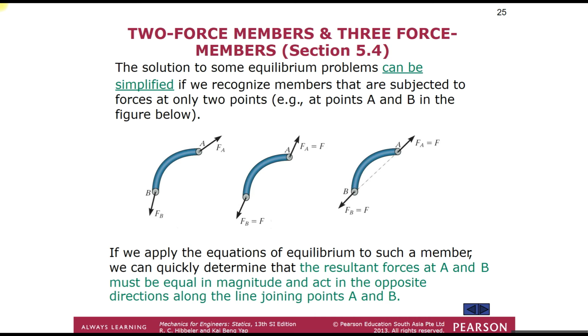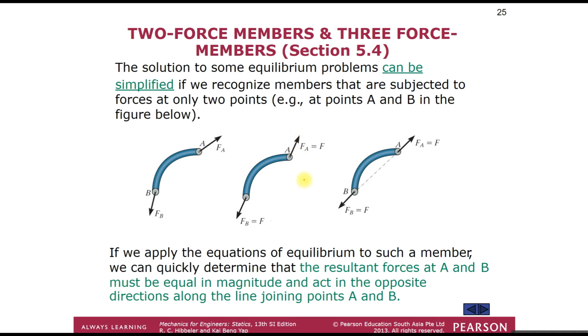In some equilibrium problems, we can simplify if we recognize members are subjected to forces at only two points, at points A and B in the figure below. If we apply the equations of equilibrium to that member, we will determine that the resultant forces at A and B must be equal in magnitude and act in opposite directions along the line joining points A and B.